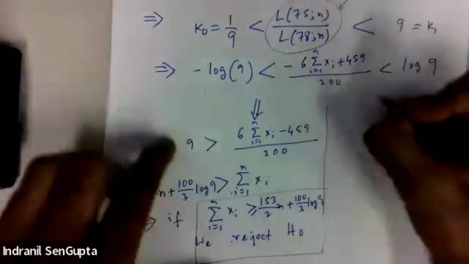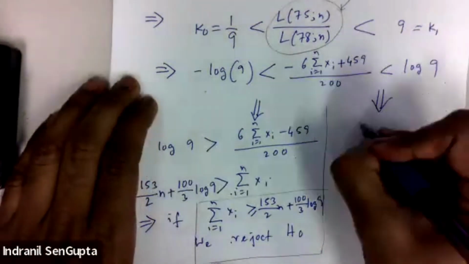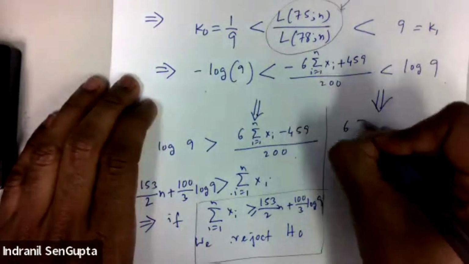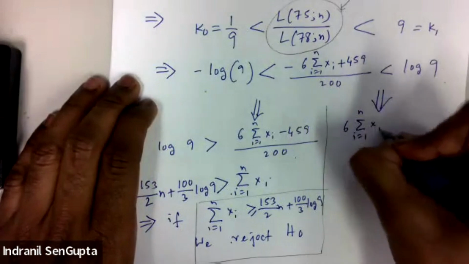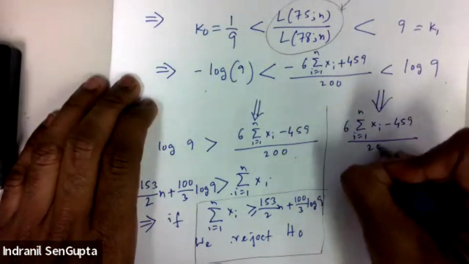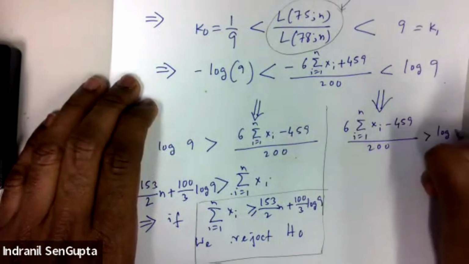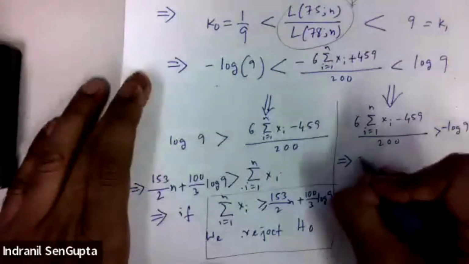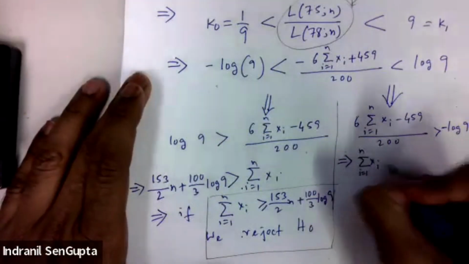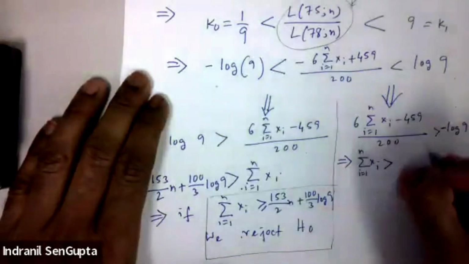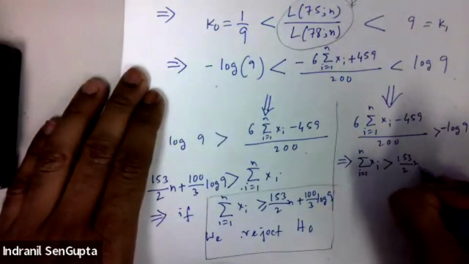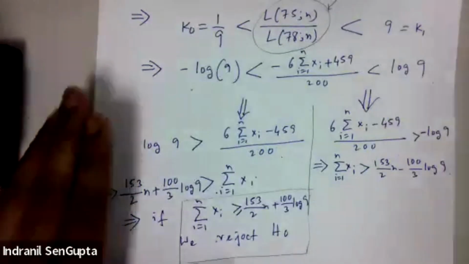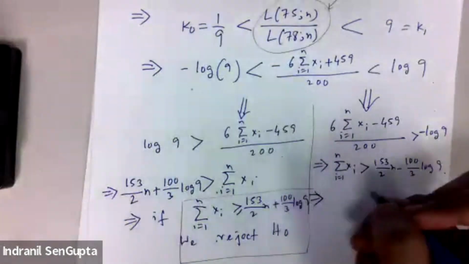On the other hand, for this one, if I multiply with the negative sign, I have 6 summation i from 1 to n xi minus 459 over 200 is bigger than log of 9 with a negative sign. If we simplify this, we get summation of i from 1 to n xi is bigger than 153 over 2n minus 100 over 3 log of 9. Once again, look at this last picture.